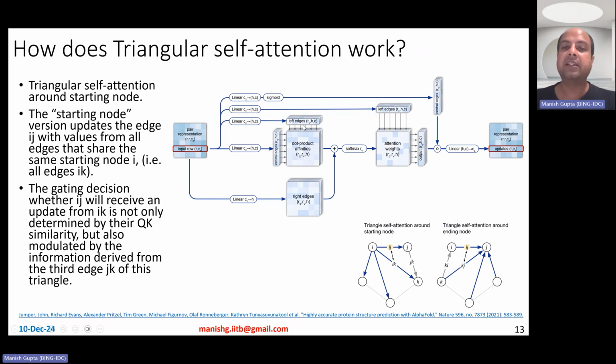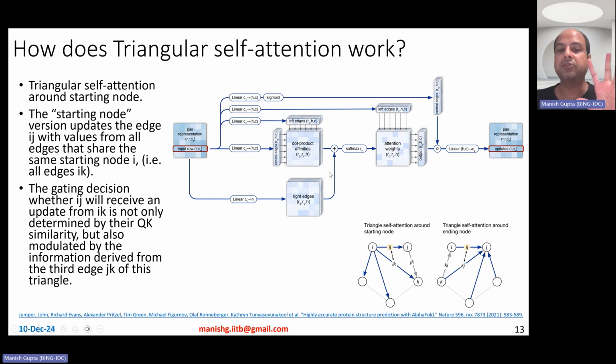You take the left edges and create the keys based on them. So you don't do QKV just like that. You do Q based on the central edge. What is the central edge? The edge ij. You take the row ij and compute the Q based on that. You take the left edges, which are the ik edges, and compute the keys based on that.